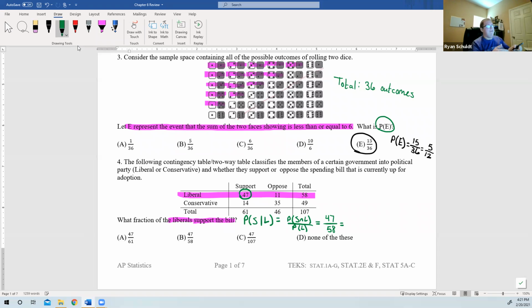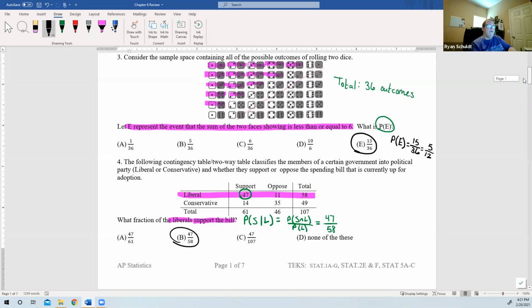If we needed to do a decimal, we could. But once you get an initial answer on the multiple choice, I would say, okay, time out, time. Let's look at the answer choices. 47 out of 58 is a choice. So circle it and move on.